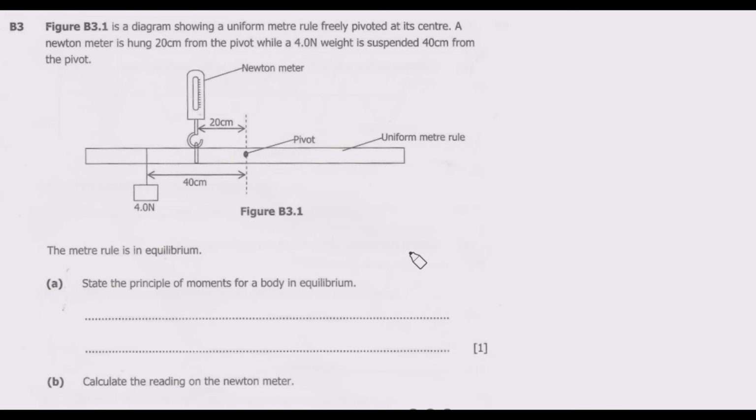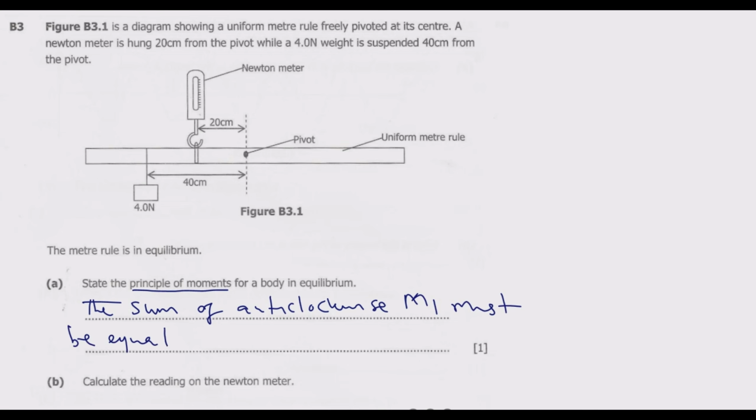So the question is basically asking us to state the principle of moments. The principle of moments states that for a body to be at equilibrium, the sum of anti-clockwise moments, we call it M1, must be equal to the sum of clockwise moments, we shall call it M2.